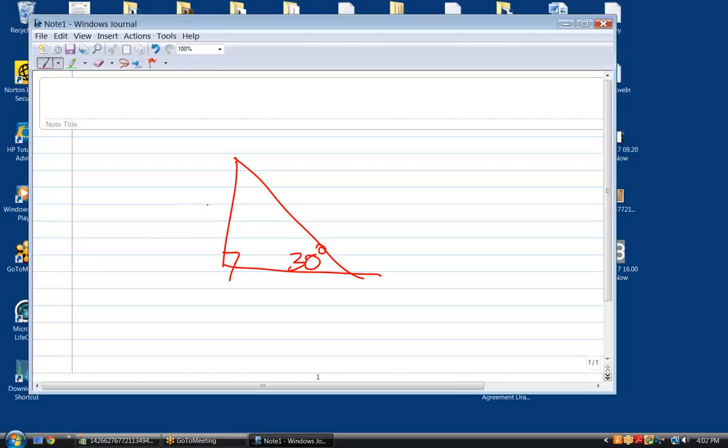What's the sine of 30 degrees? It would be 1/2. Exactly. So if you type that into your calculator, you'll get 0.5 or 1/2.